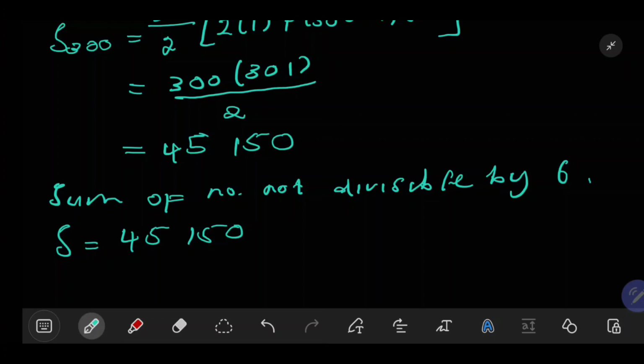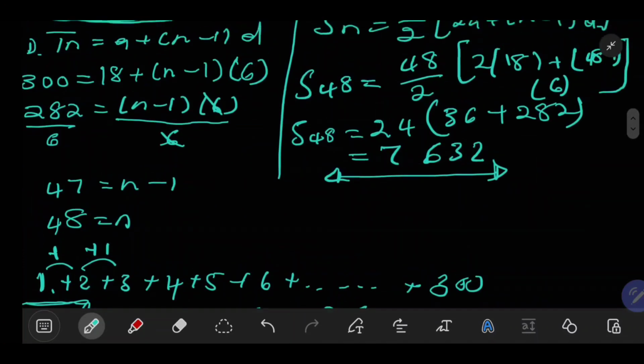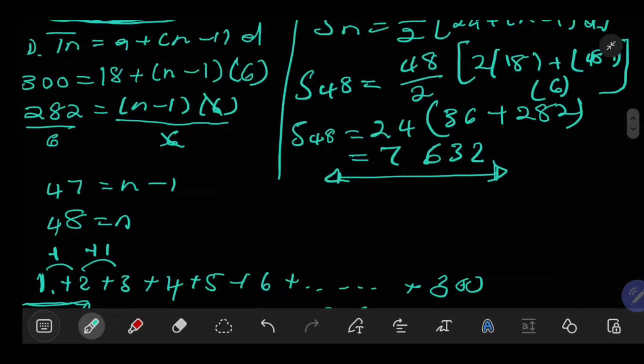And then we subtract this sum of 48 terms which were divisible by 6.